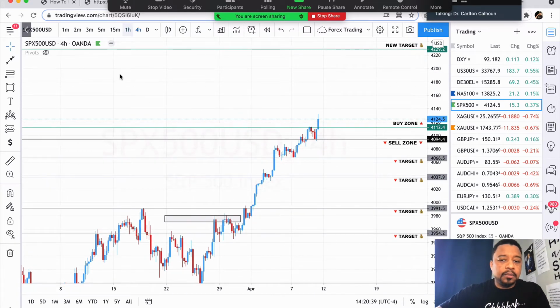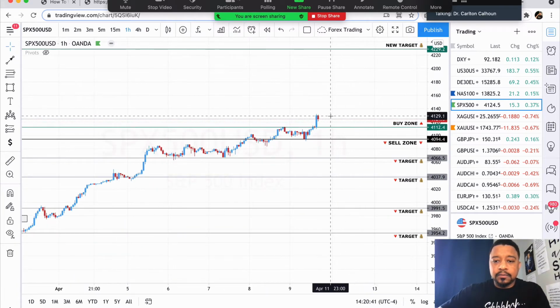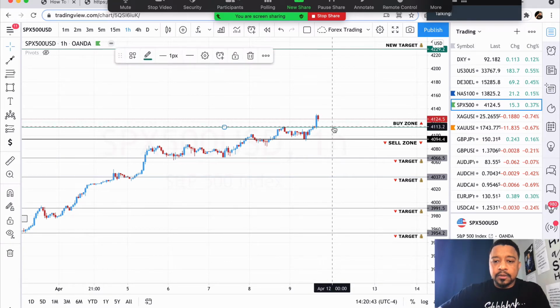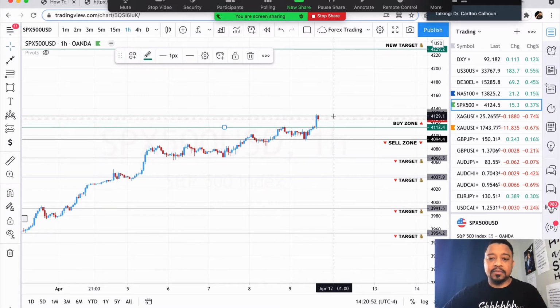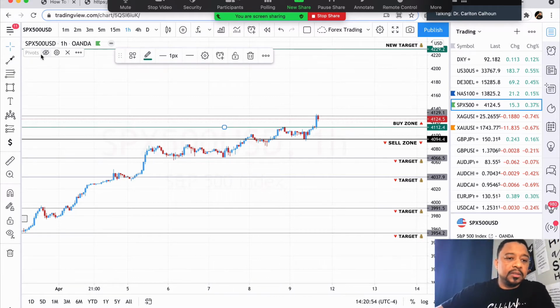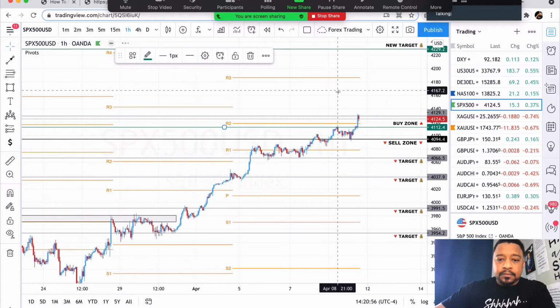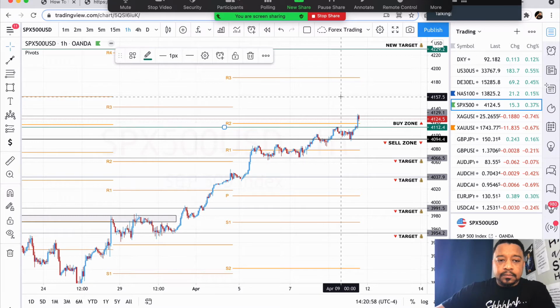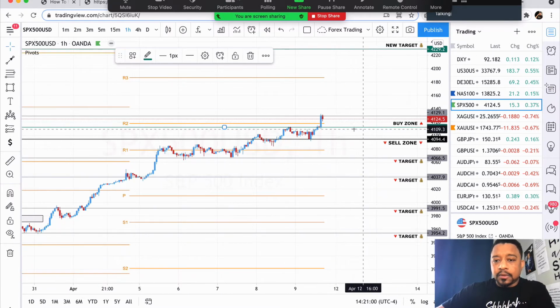So going up, I think it will come back to retest this area, if it already hasn't, based on the closed markets. Which area though? Where the buy zone is. I think it'll come back to retest that.